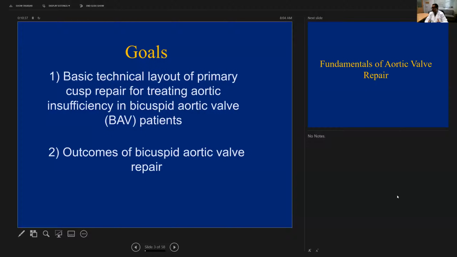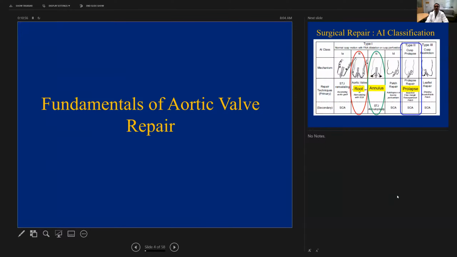And that will be a more technically heavy, video heavy session. And I'll also come back with the second part where I briefly outline some of the outcomes that we've seen with bicuspid aortic valve repair when done by centers and surgeons in experienced hands, and that we can achieve good outcomes.